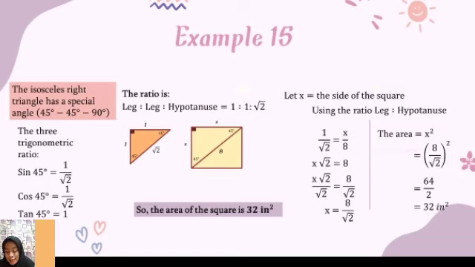The ratio of leg to leg to hypotenuse equals 1 to 1 to square root of 2. Let x equal the side of the square. Using the ratio of leg to hypotenuse, 1 over square root of 2 equals x over 8.